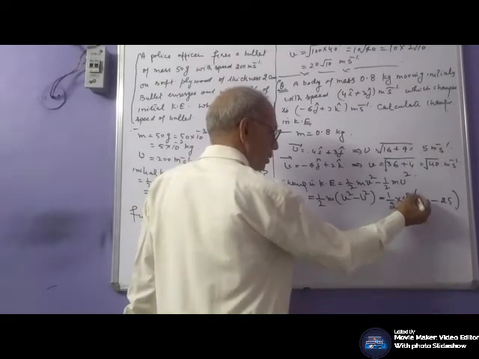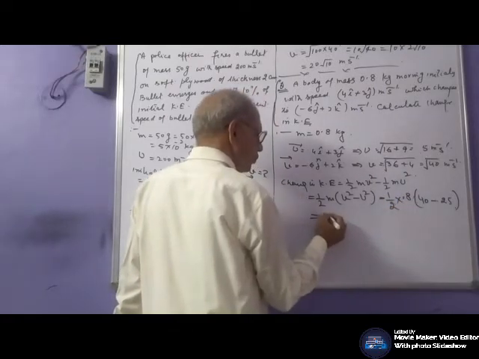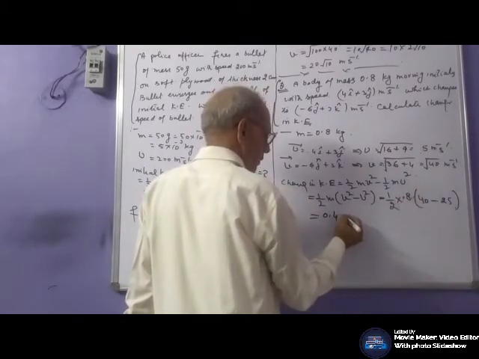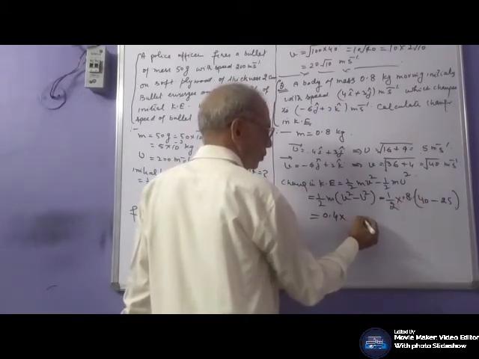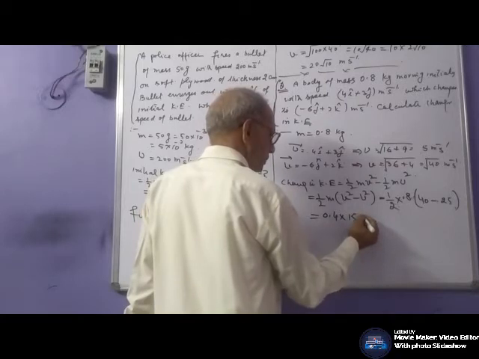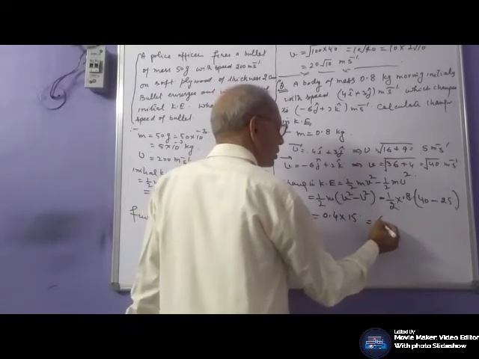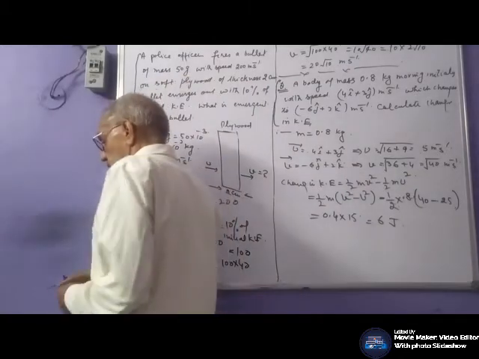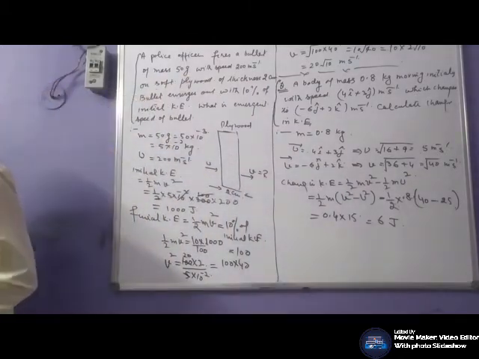It is what? 0.4 into 15. It is what? 6 joule. This is the change in kinetic energy.